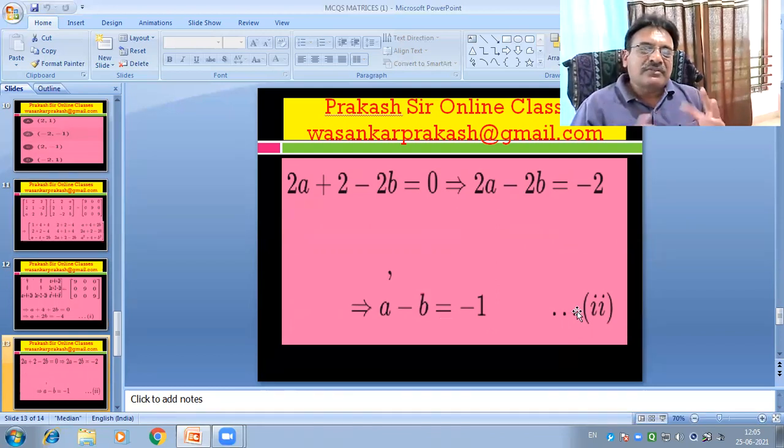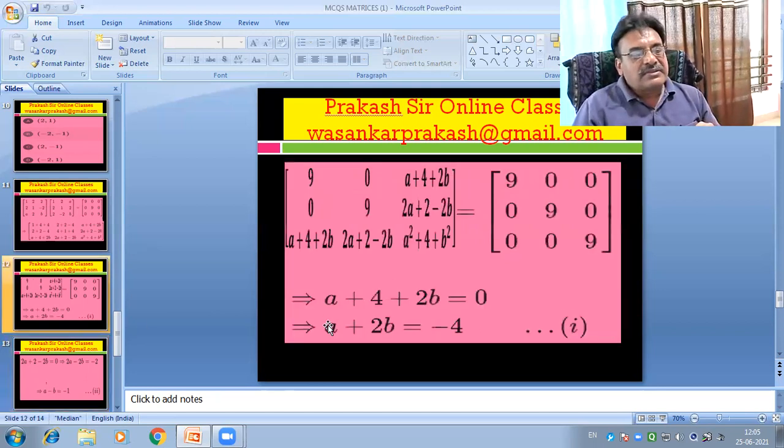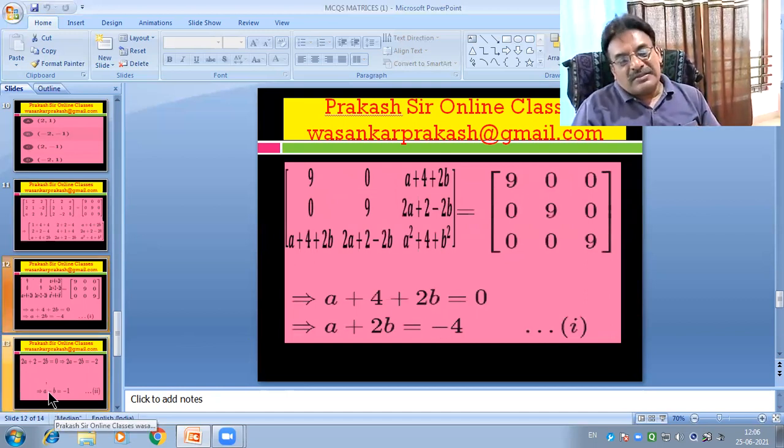Then we solve equations first and second for a and b. Equation first is a plus 2b equals minus 4. Equation second is a minus b equals minus 1. Then we subtract these two equations. So a gets cancelled.